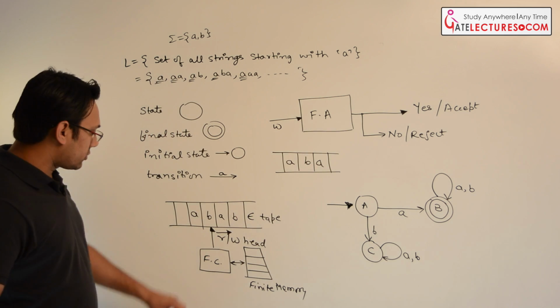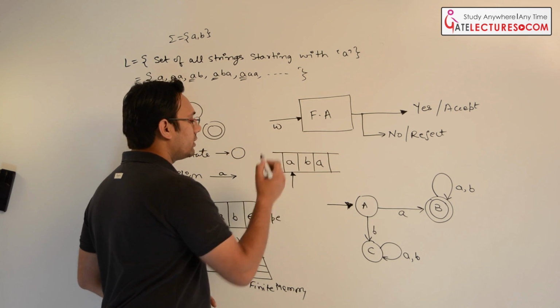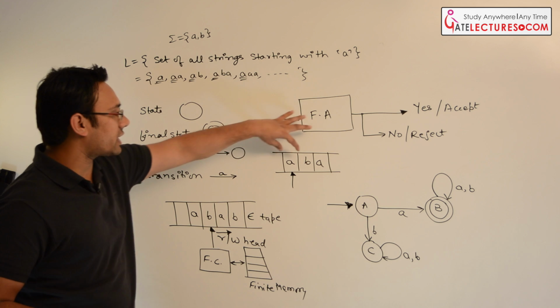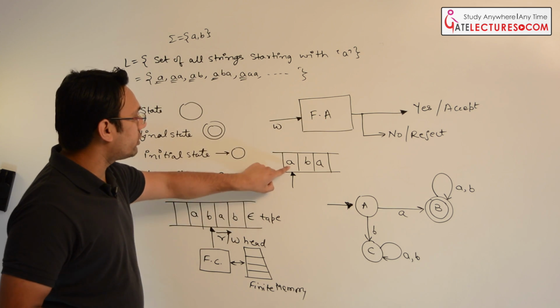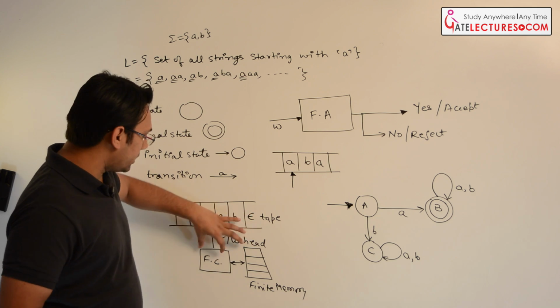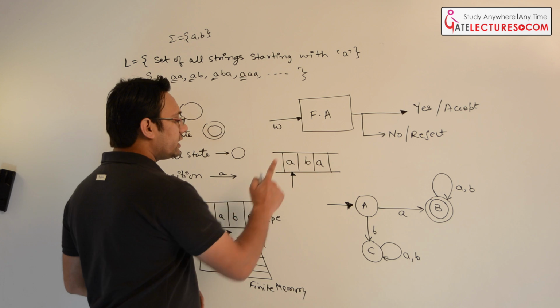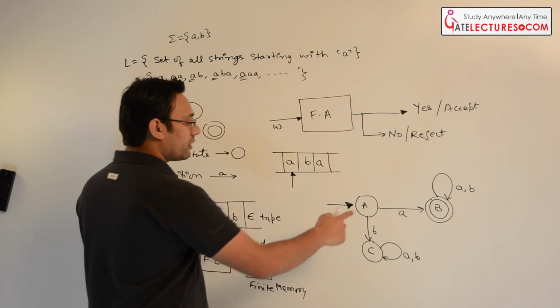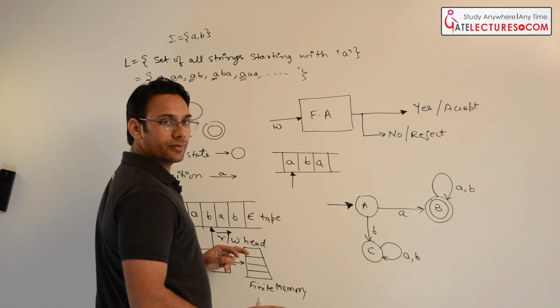This finite control is initially reading the symbol A. For this language we want to check whether this string is present in this language or not. So initially the finite control is reading the symbol A, in the initial state, state A. After reading the symbol A, from state A we will go to state B.